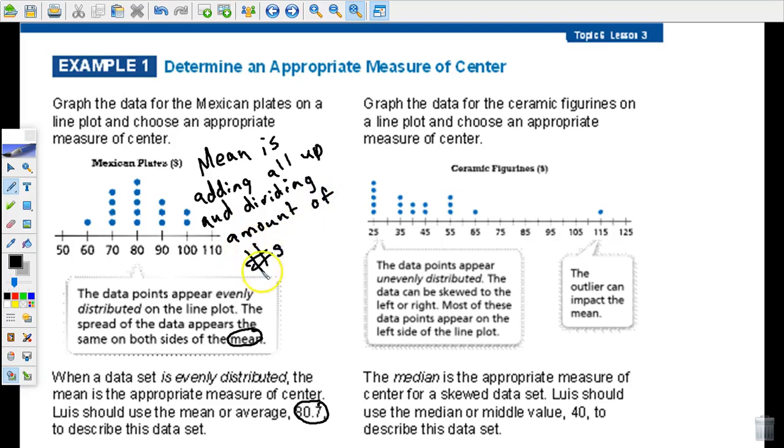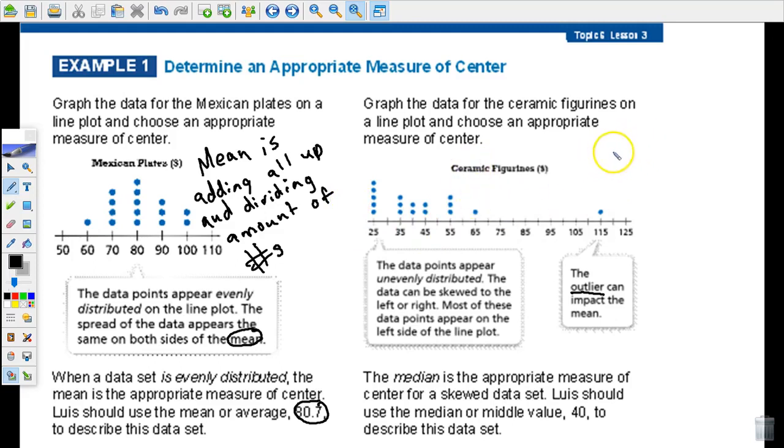This is the number sign, also a hashtag, I get it, but it also means numbers. So for the ceramic figurines, if we were to do a mean, this 115 would throw it off. This is what they call an outlier, okay? It doesn't pertain to all the other numbers. It's very far away from it. It would throw off our information.